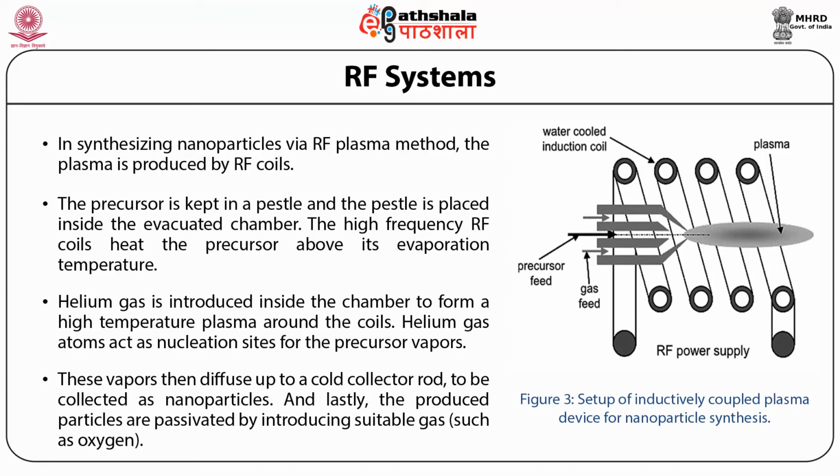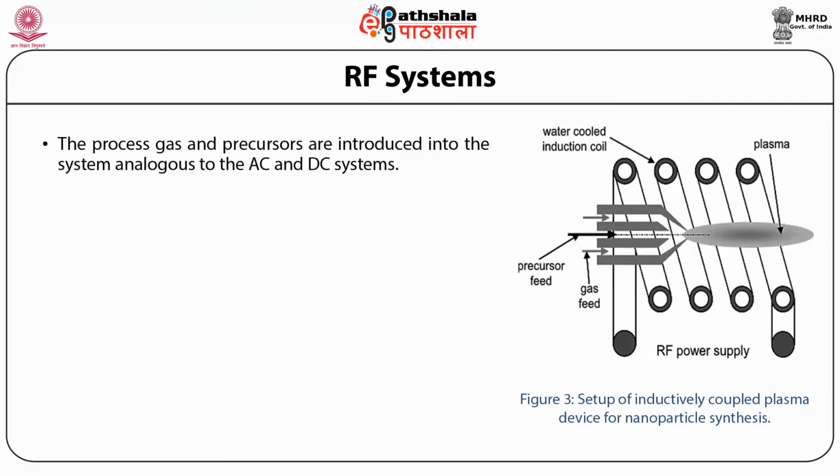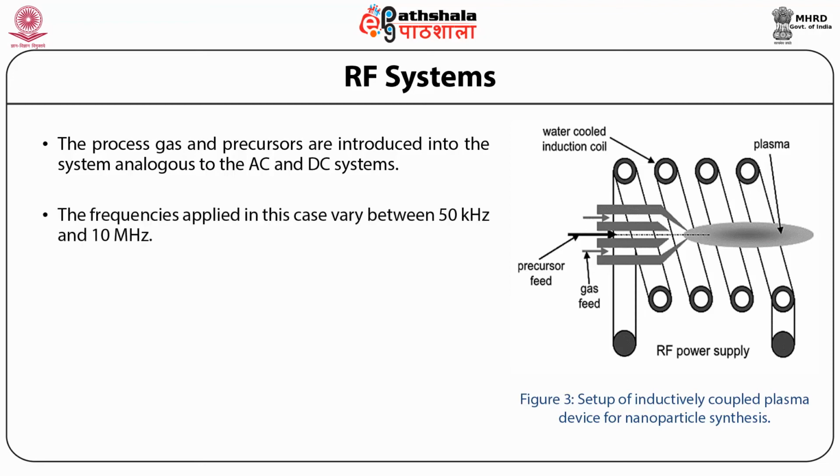The precursor may be supplied either axially or radially. The process gas and precursors are introduced into the system analogous to the AC and DC systems. The frequencies applied in this case vary between 50 kHz and 10 MHz.